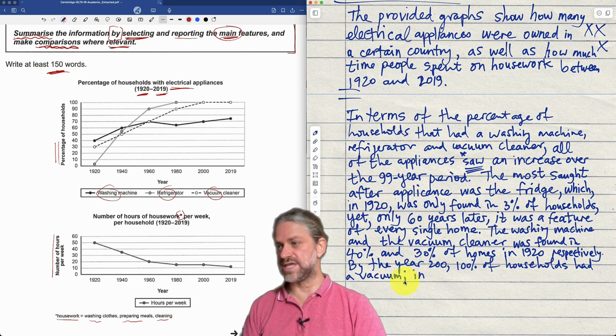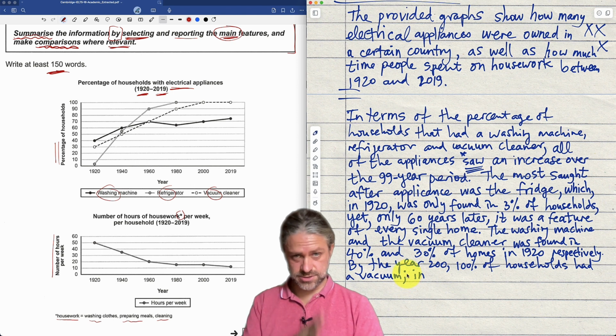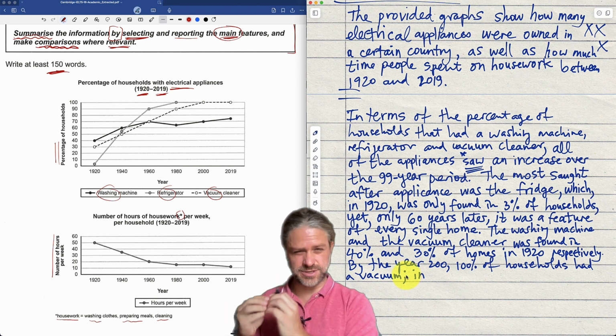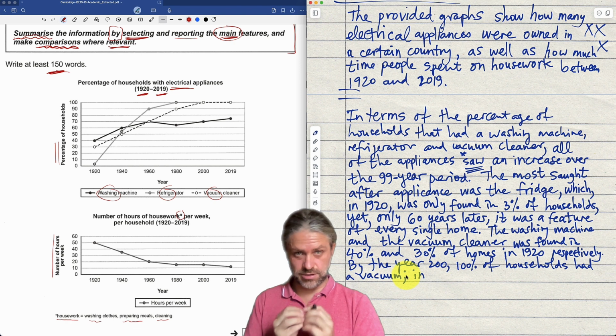In contrast, this is a semicolon. Technically, I can start a new sentence here, but I feel like I need to join them. So I'm going to use a semicolon here.